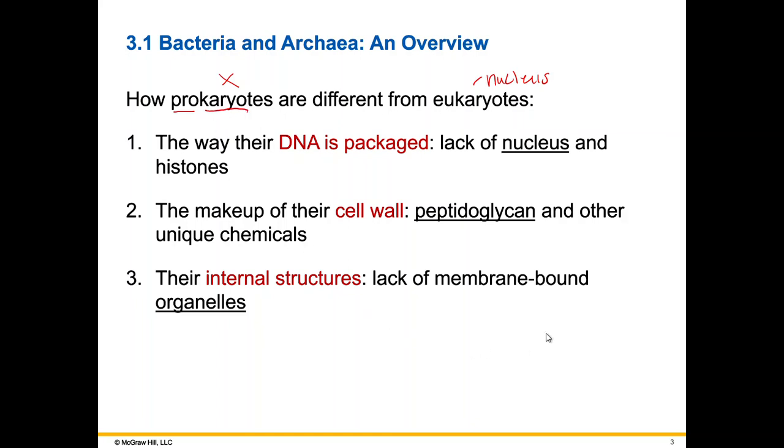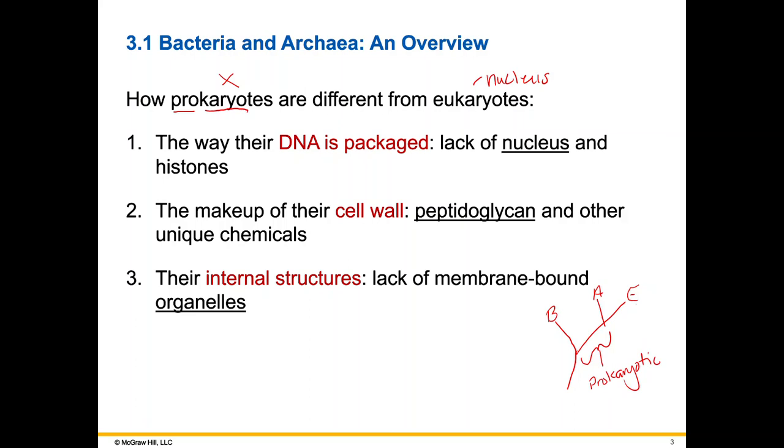If we take a look at the evolutionary tree of life, I'm going to write E for eukaryotes, we have our A, the archaeans, and then we have our B, bacteria. Both of these two domains include organisms that are prokaryotic, which means they do not have a nucleus.